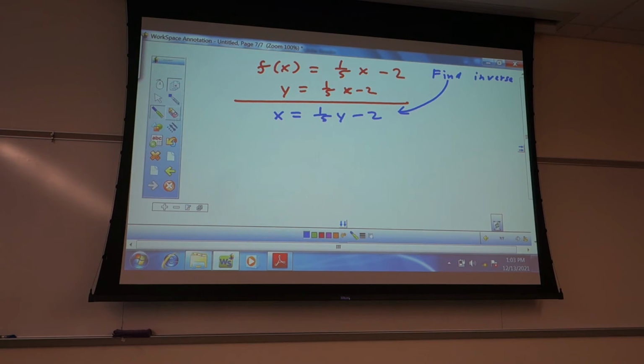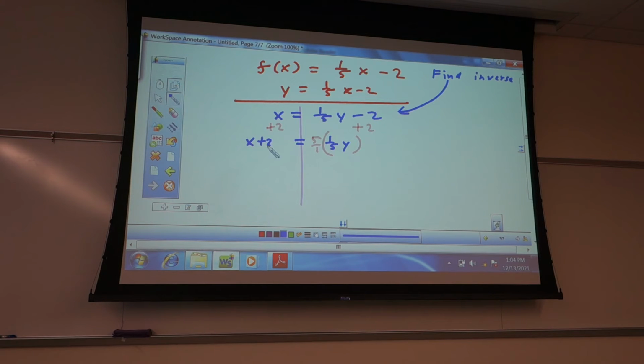So first, we're going to add 2 to both sides. Add 2 to both sides, and you'll end up with x plus 2 is equal to 1/5 y. Now you need to multiply both sides by 5/1, the reciprocal of 1/5. So how do you get rid of -2?